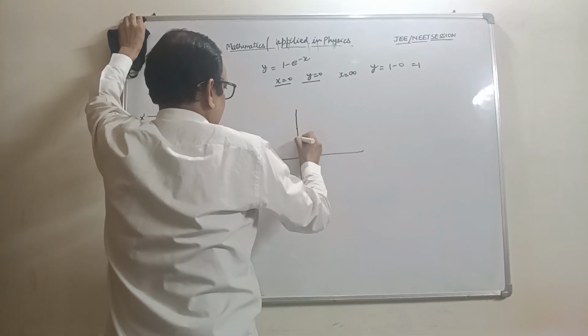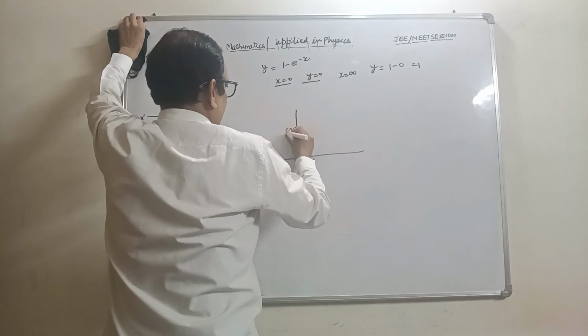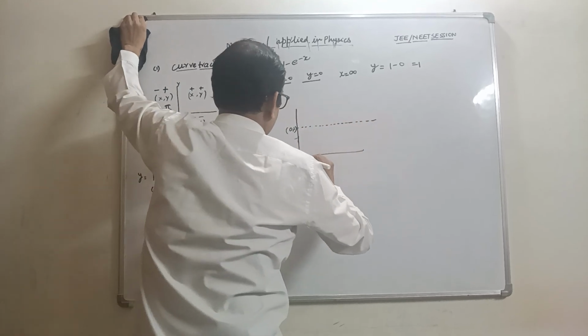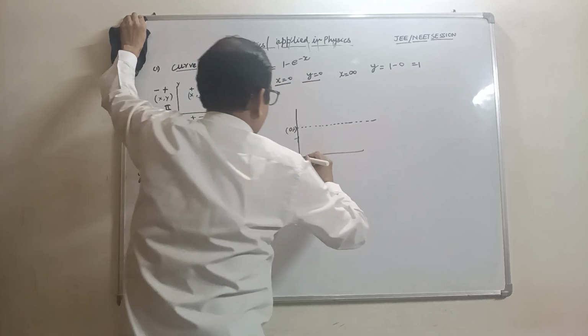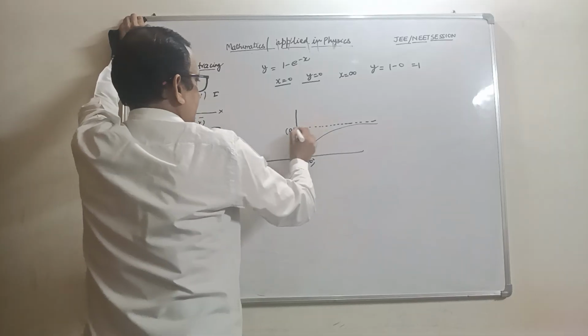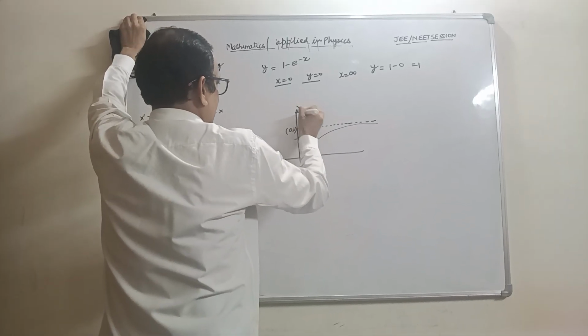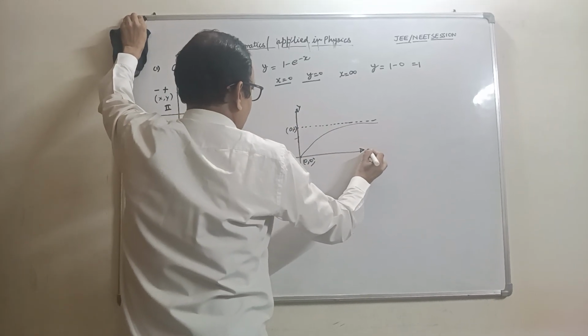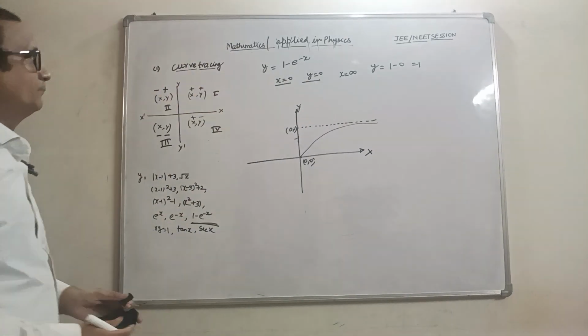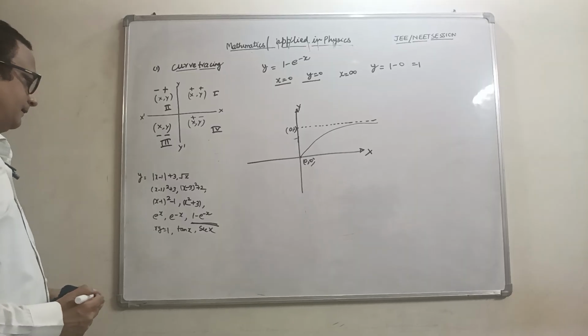This is an exponential graph, so exponentially it would be like this. So this is the graph for 1 minus e raised to power minus x.